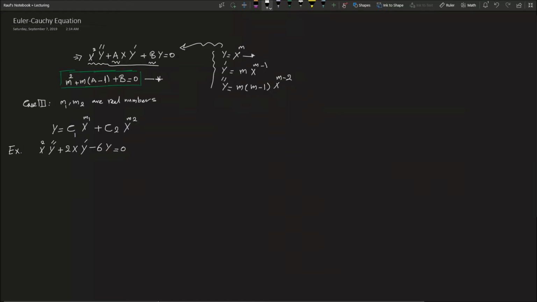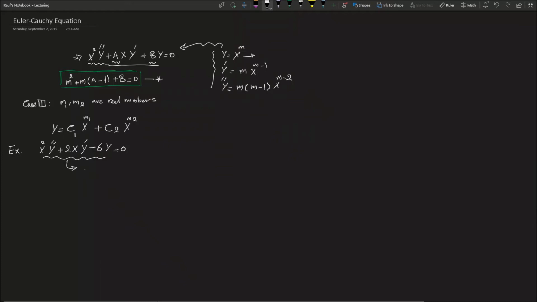Now we're trying to apply what we learned in the methodology we discussed moments ago. So first, we change this equation into the simpler form, which I call the m form.